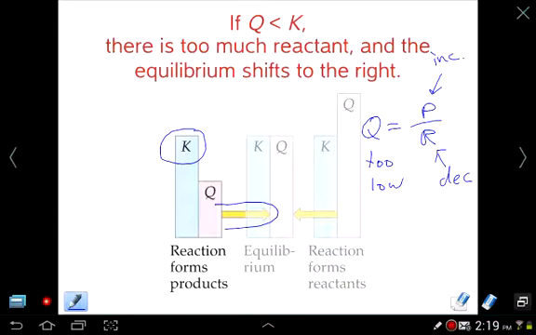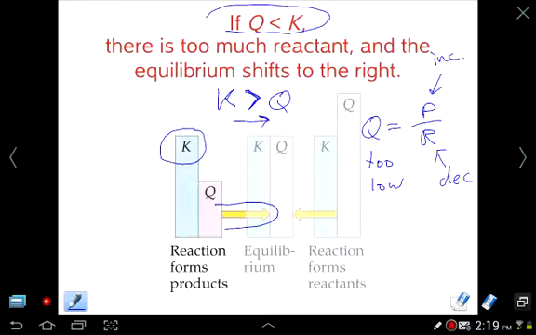A quick little trick, whether this helps you or not, is to always list K first and then Q. If you go down the alphabet, we see the letter K before the letter Q. If you do it this way and Q is less than K, then the less than sign always shows you in which direction the equilibrium will shift: it'll always go to the right.